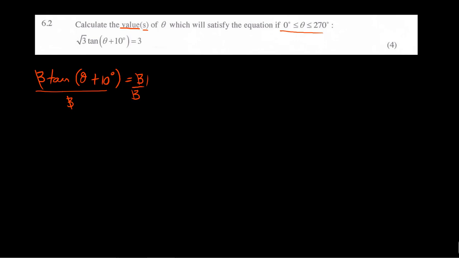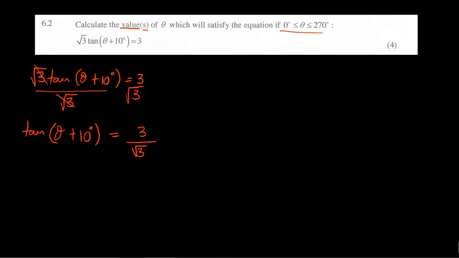I think I'm doing that wrong. If I can undo that, we are given that as a root 3. So you divide by root 3 on both sides. If you cancel that, now we have tan of theta plus 10 degrees is equal to 3 over the square root of 3, right?